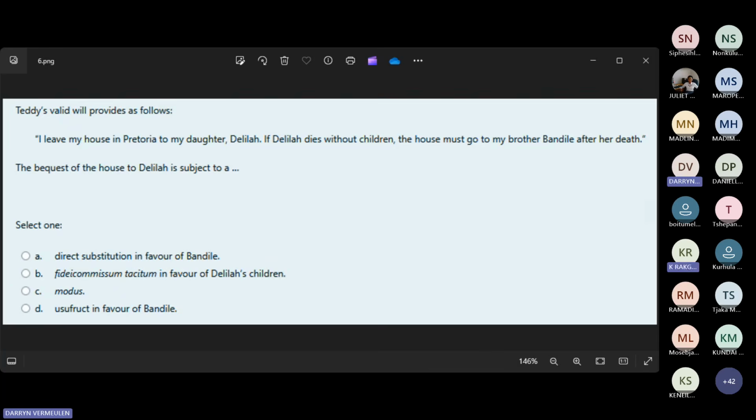Yes, 100%. I see you were able to convince some people, because they're changing to B, which is the fideicommissum tacitum. When I first saw this question, my knee-jerk reaction was that it must be A because it's a direct substitution. But with a bit more thinking, it turns out that there is a tacit fideicommissum here with regards to who should be getting the house, which is Delilah.